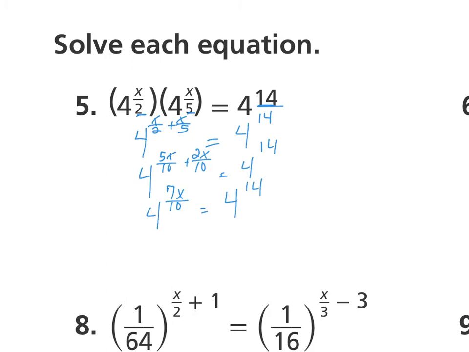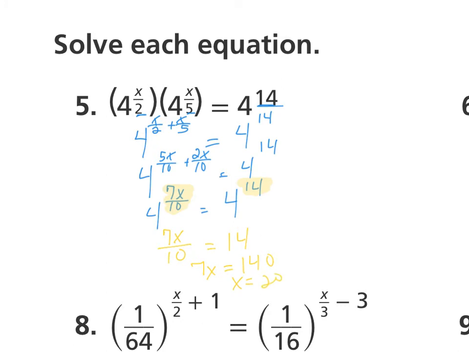Now I'm going to rewrite this, setting my exponents equal to each other. So this exponent equals this exponent. So I have 7x over 10 equals 14, which gives me 7x equals 140. So x equals 20. Any questions on that?